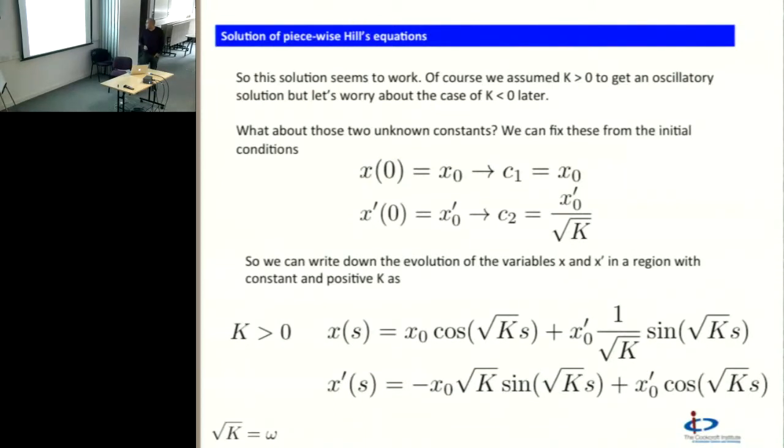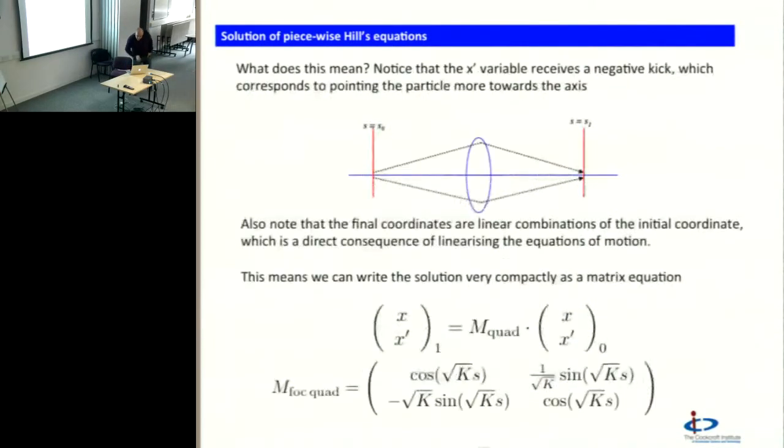So we can write those two equations really compactly as a matrix, where this vector here is the initial particle coordinates, that's the final particle coordinates, and the quadrupole is somehow represented by this quadrupole matrix, its action on the particle. And the matrix itself is written like that, cos, sine, minus sine, and cos.